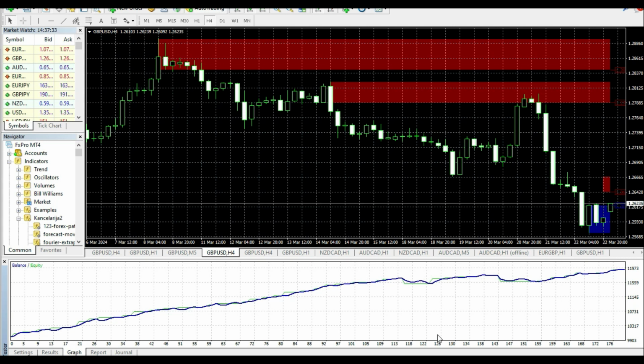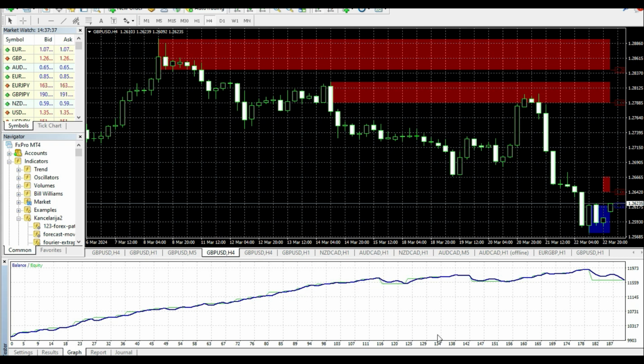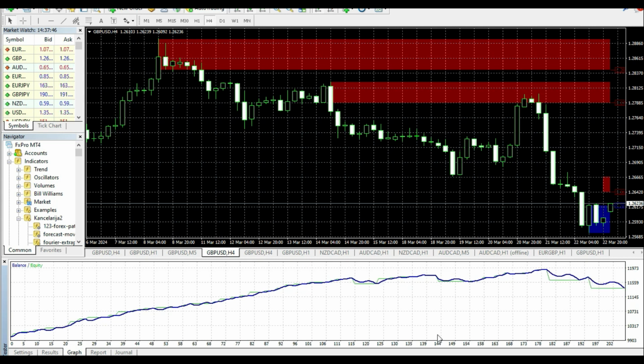You need to know that when you do this, the drawdown can be increased, should be increased, and it will be increased. Of course, the good thing is that if you increase the drawdown by 25%, you can increase the profitability by 50-60%.